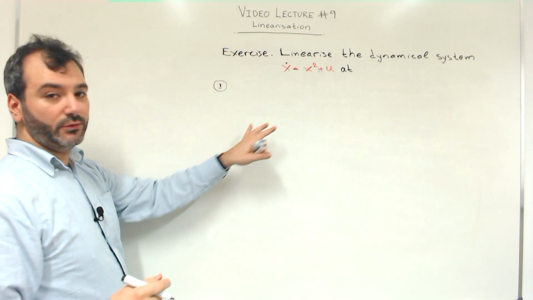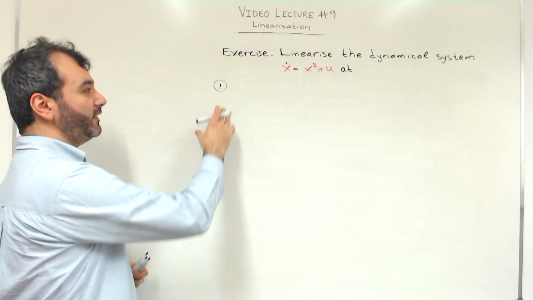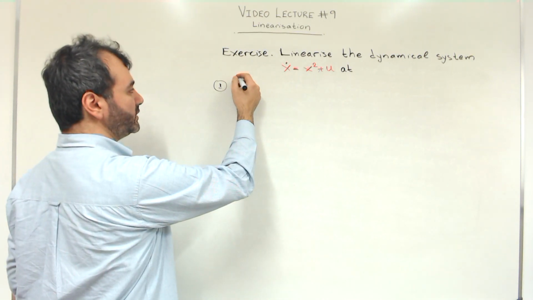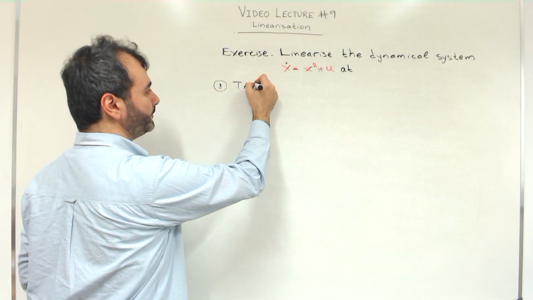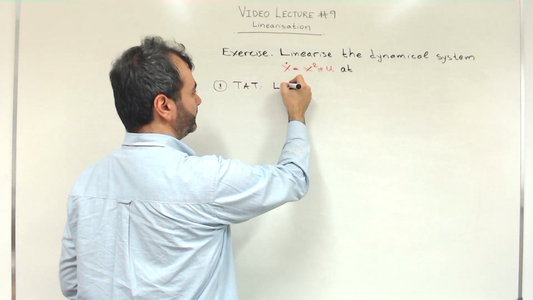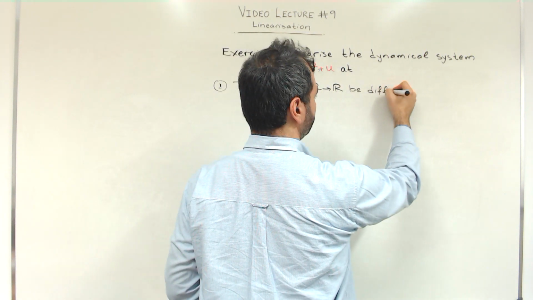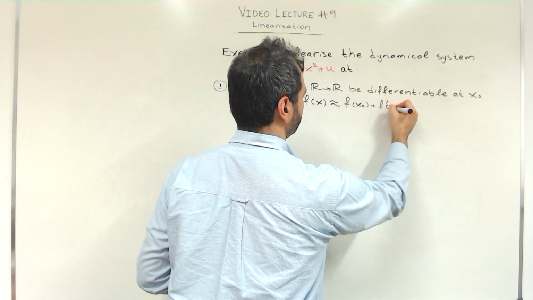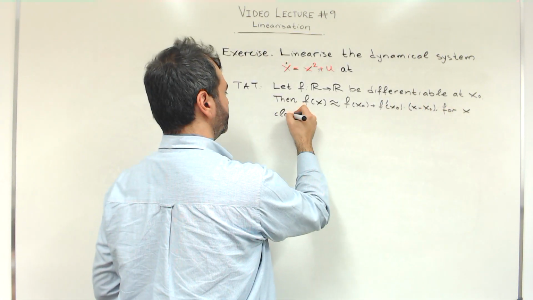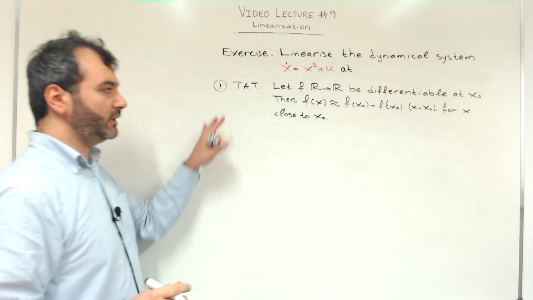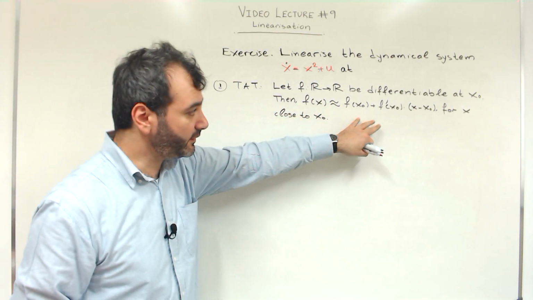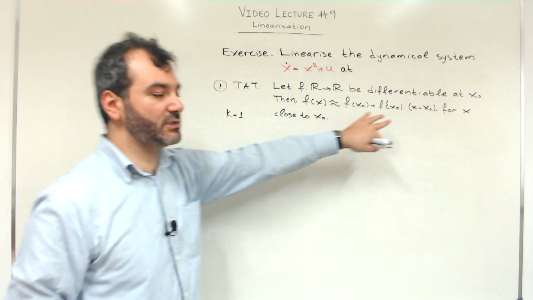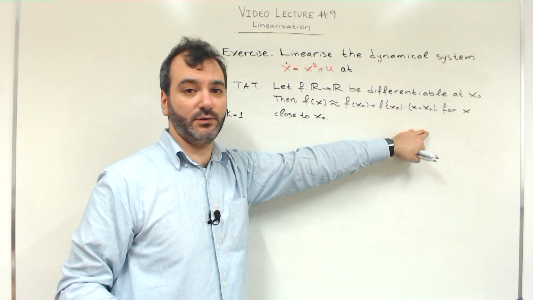First of all, we introduced Taylor's approximation theorem that we will use here to linearize that dynamical system. Taylor's approximation theorem states the following. I have written here the theorem for k equals 1, so I am looking for a first order approximation, a linear approximation.